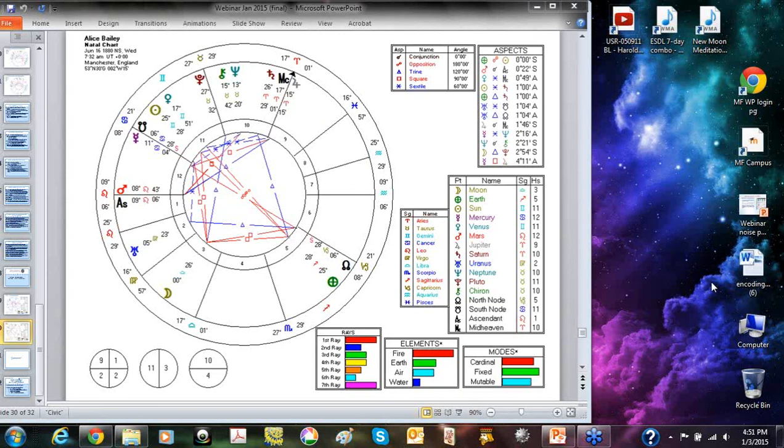So first I look at the hemispheres, and there is a preponderance of planets and points in the southern hemisphere. This would tend to show Alice Bailey to be an extroverted nature, recharging herself primarily through contact with others.